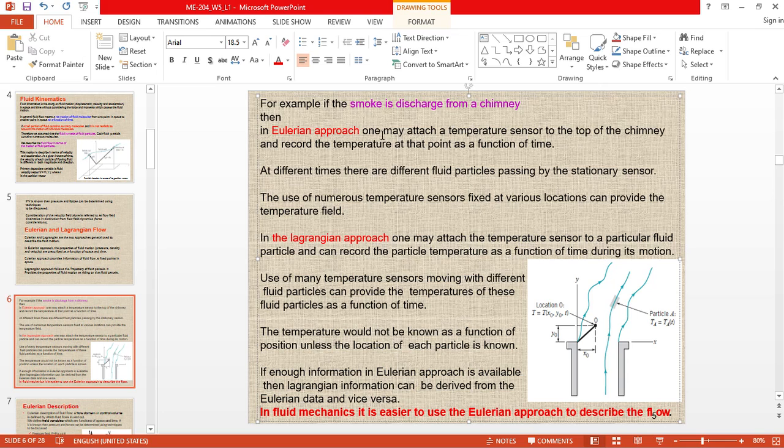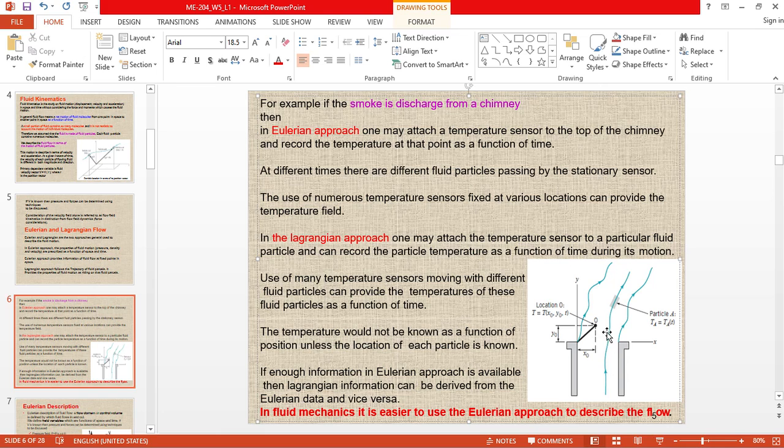In the Lagrangian approach, one may attach the temperature sensor to a particular fluid particle and record the particle temperature as a function of time during its motion.